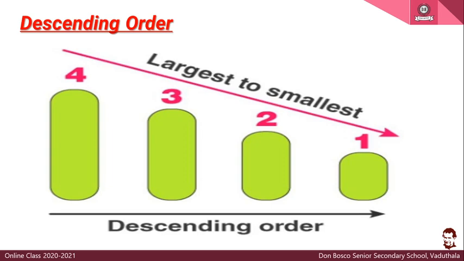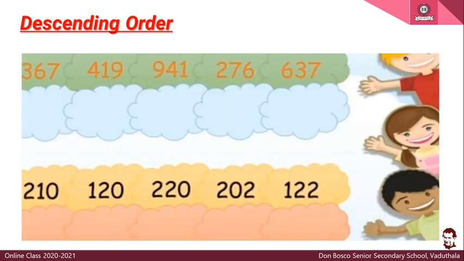Then we will do some examples based on numbers. How will you arrange the numbers in descending order? Then we will move on to the first question. That is 367. Second number 490.